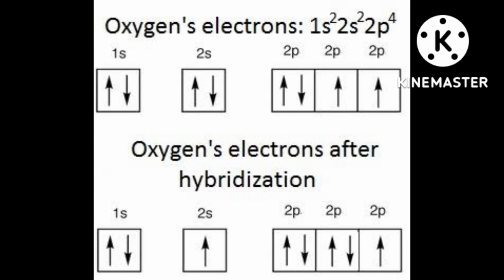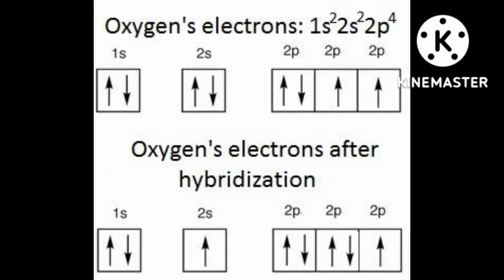For example, boron trichloride, BCl3. Okay, that is the example. Here you can say the ground state electronic configuration of central boron atom. Boron will be in the center.